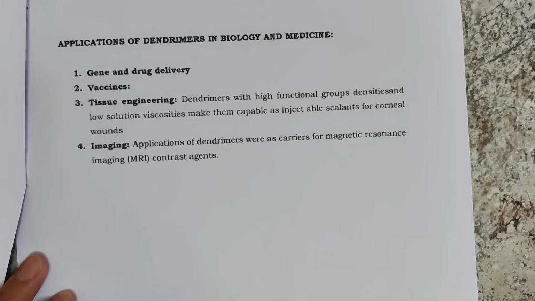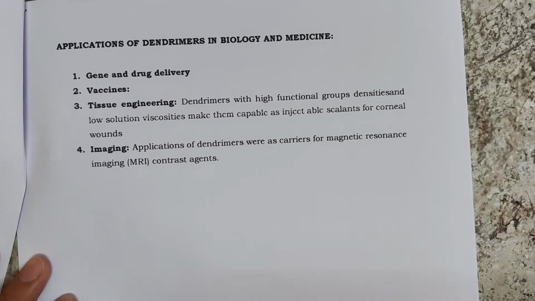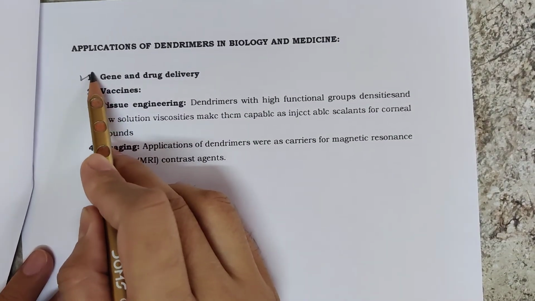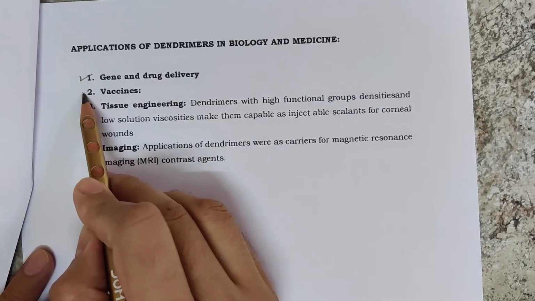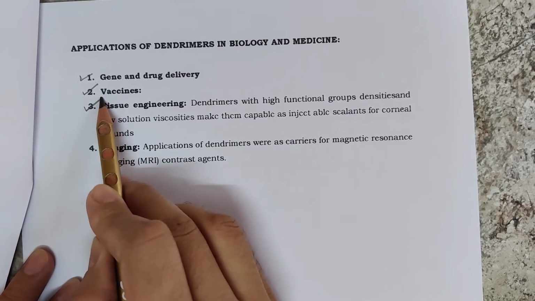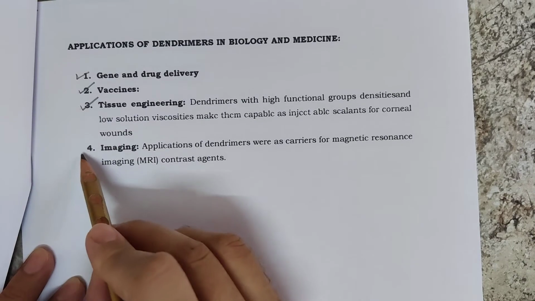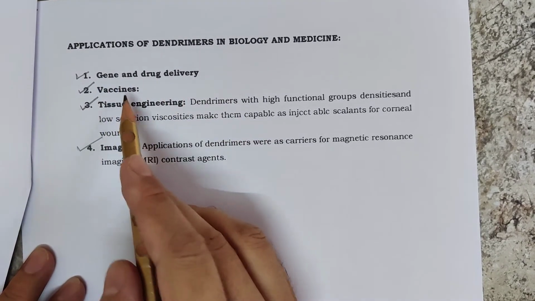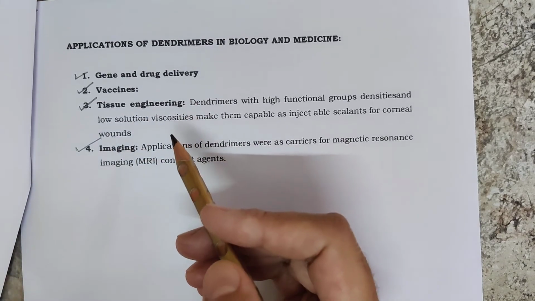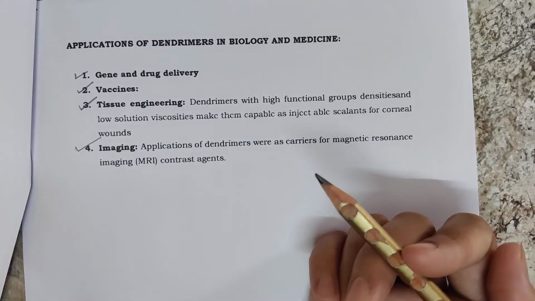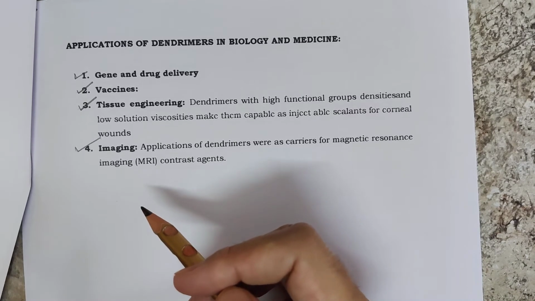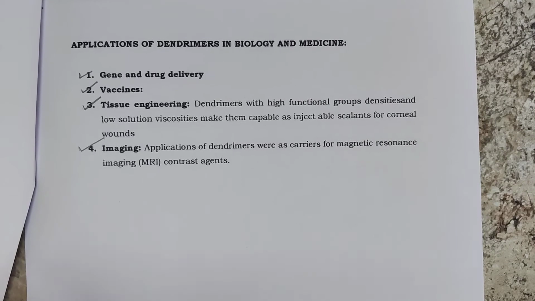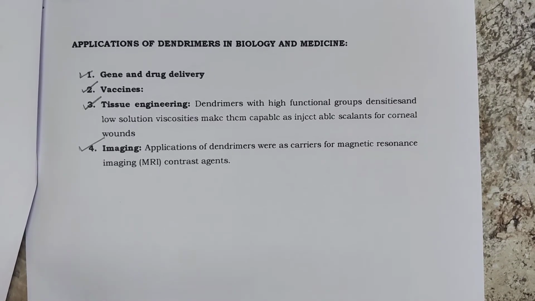Now, when we talk about the applications of dendrimers in biology and medicine, they are in gene therapy and drug delivery, in vaccines, tissue engineering, and imaging. Gene and drug delivery is simple, vaccines are also simple. Tissue engineering: let's say you take an example of a cornea wound.